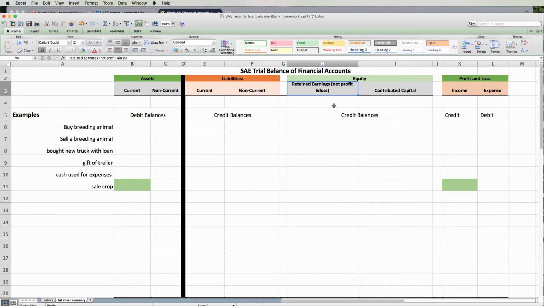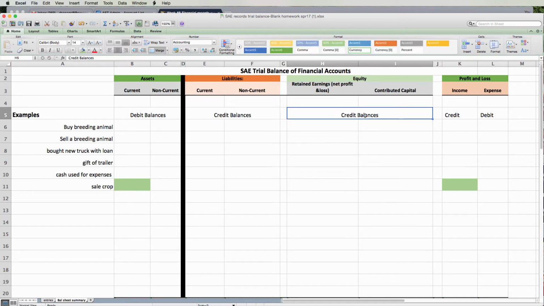Retained earnings is the net profit of all your years of profit or loss. I also can get equity by beginning with something or having it gifted to me. Before I ever started my business, I had to contribute money, or someone gifted me money. It's called contributed capital. That's another type of equity. So equity can be either gifted to me or I can actually earn it, which is really the primary way you want to grow equity.